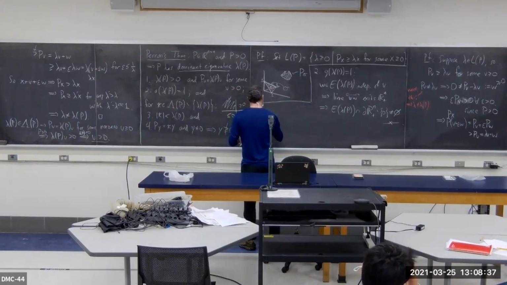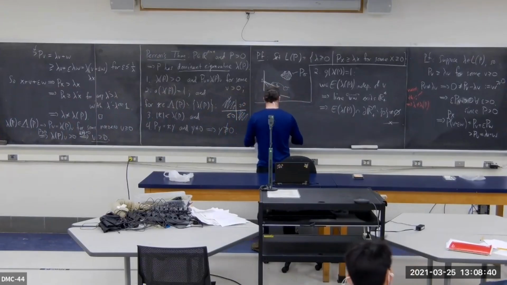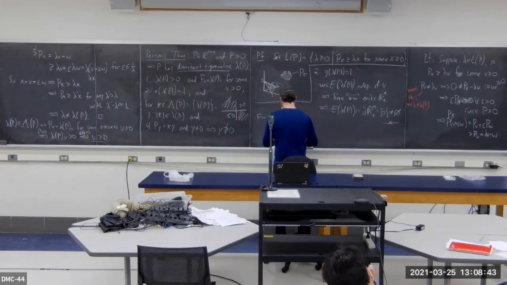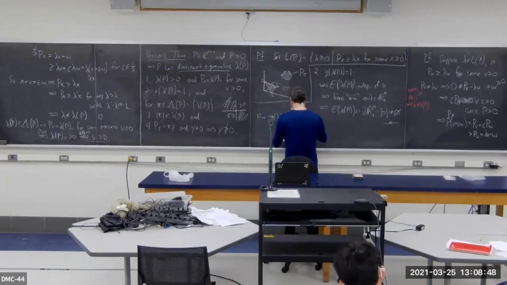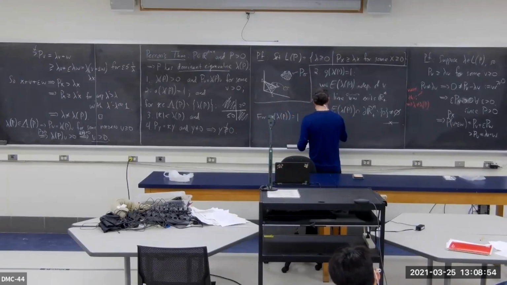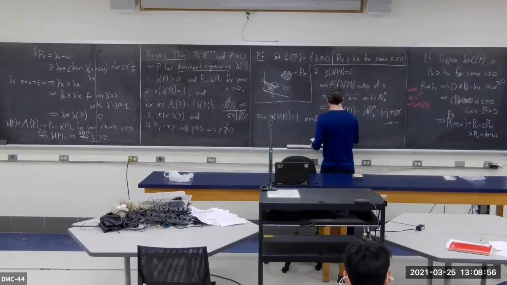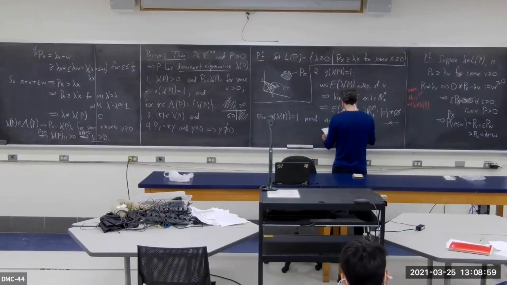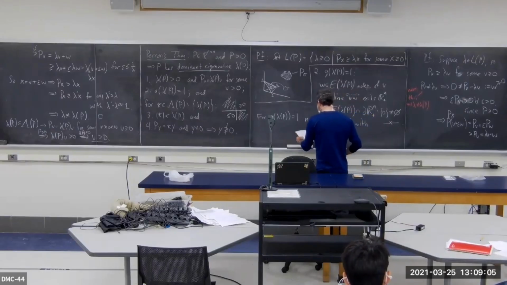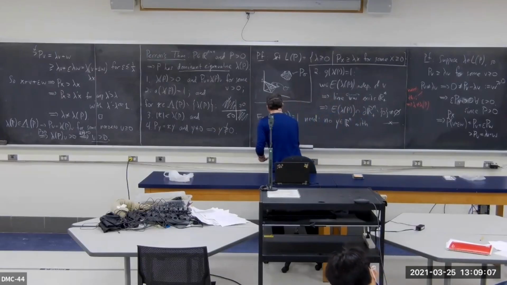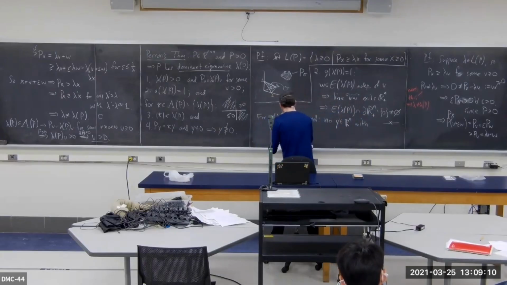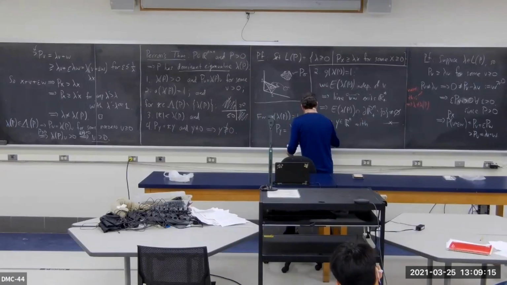So for A of lambda of P equals 1, what we need is that there be no vector y in R^n with Py equal to lambda of P times y plus alpha v.